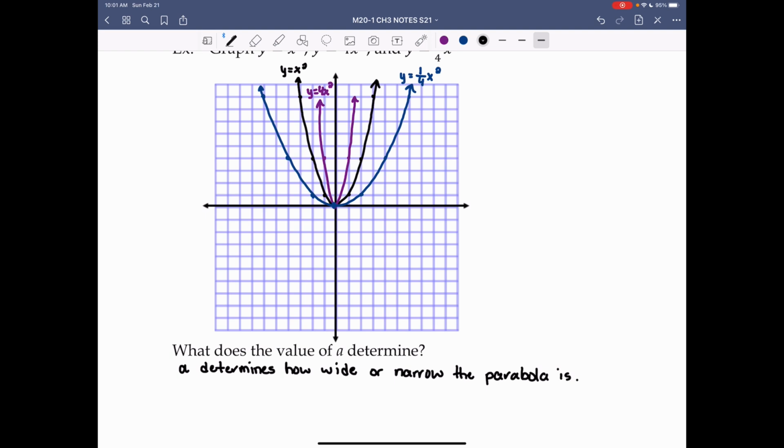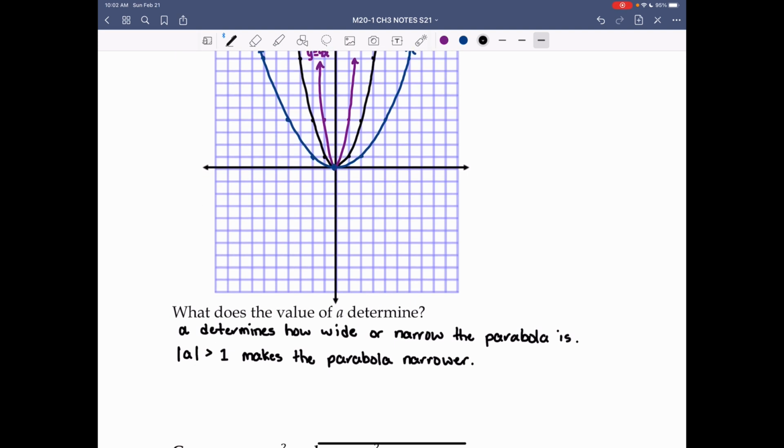So for absolute value of a being greater than 1, that makes the parabola narrower.